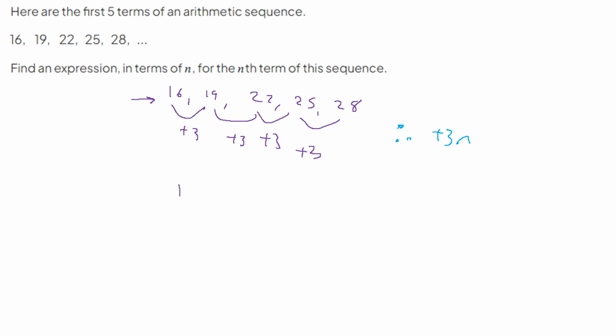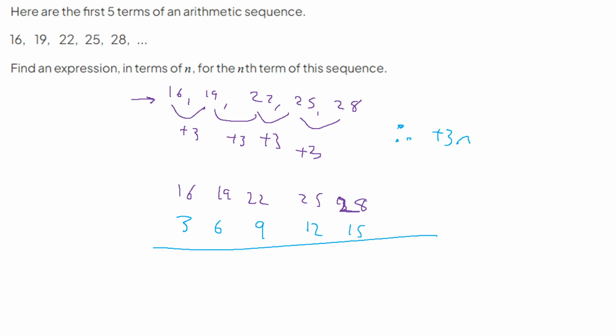So let's rewrite it. We've got 16, 19, 22, 25, and 28. And now let's put 3n there. Our first term is going to be 3 times 1, 3. Then it's 6, then it's 9, then it's 12, then it's 15.